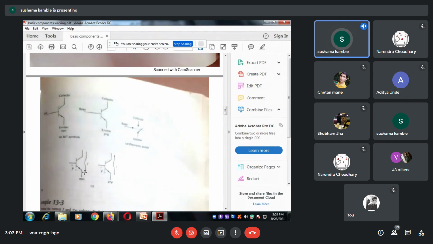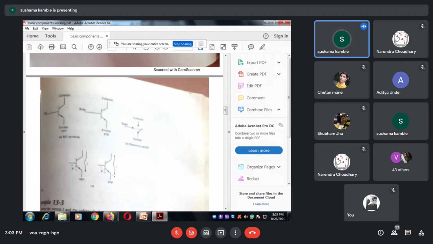Collector to emitter in the case of NPN, and you have to apply the voltage to turn on the NPN transistor: positive voltage to the base and negative voltage to the emitter. That means the base should be more positive than the emitter, then the transistor will be on in case of NPN. And reverse is true for the PNP.